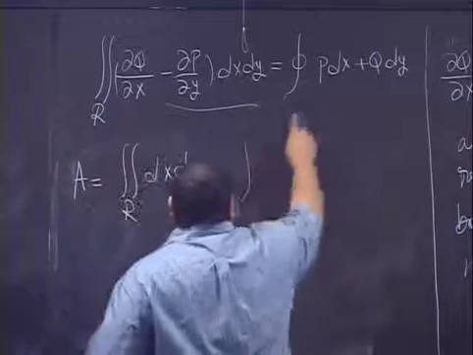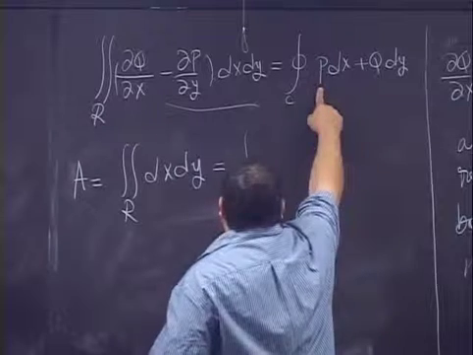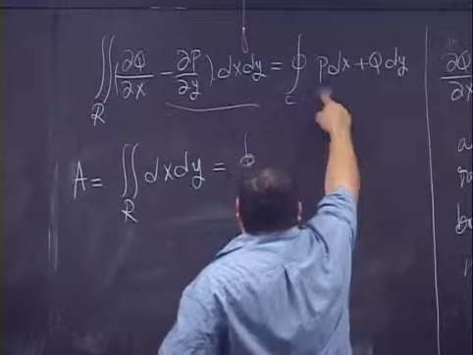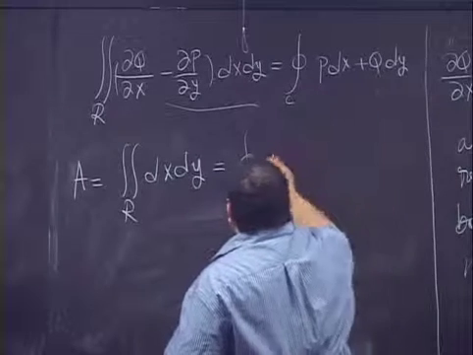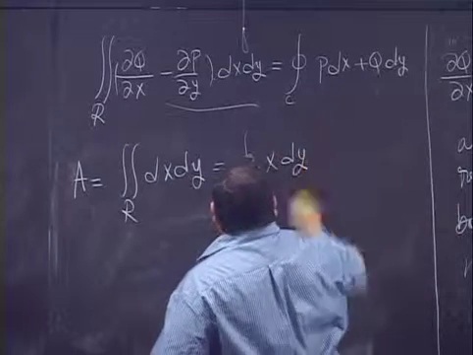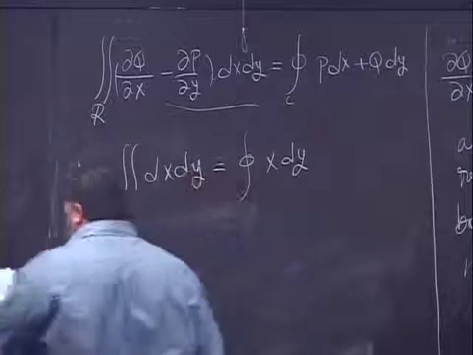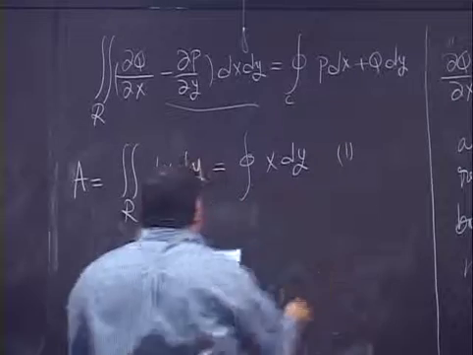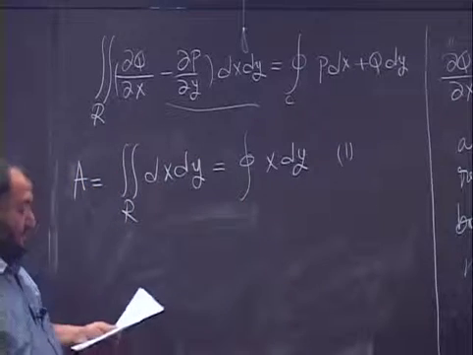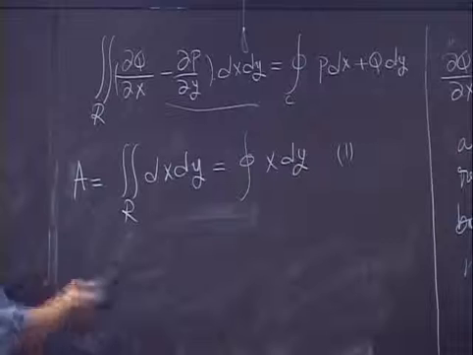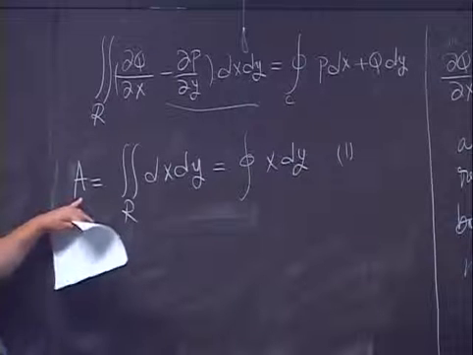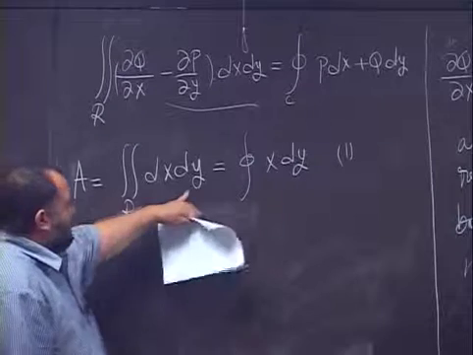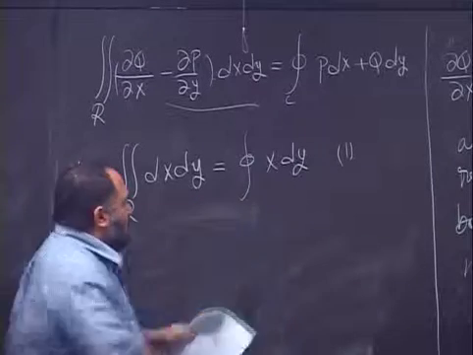And what's P? 0. And what's Q? x. So the integral of x dy. I will call this equation 1. So you now change the area from a double integration dx dy to just a closed integration of x dy.